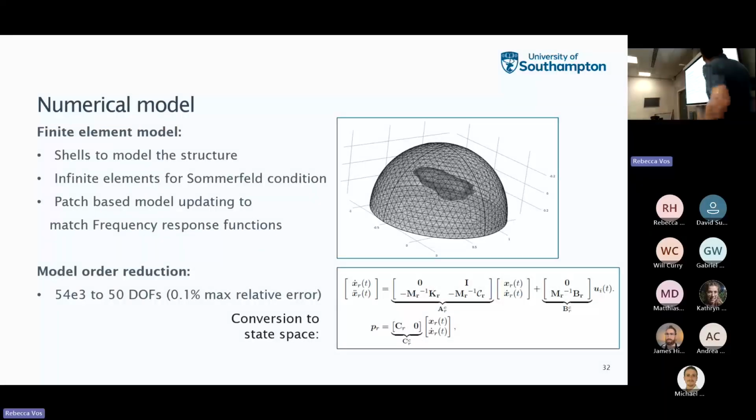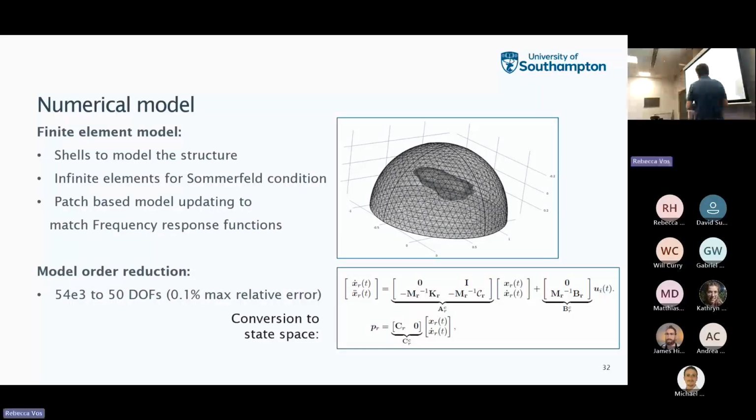But we tried doing it with finite element methods, where we used shells for the structure, infinite elements for the Sommerfeld condition, and we used some patch-based updating to match the frequency response functions, more or less. What it means is that we divided the structure into a few patches, and per patch we changed the Young's modulus, so that's the material properties.